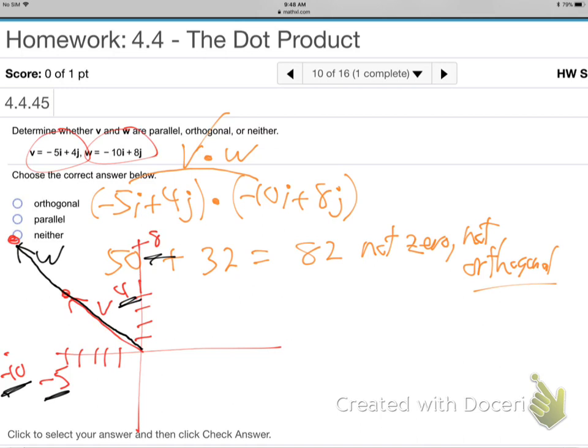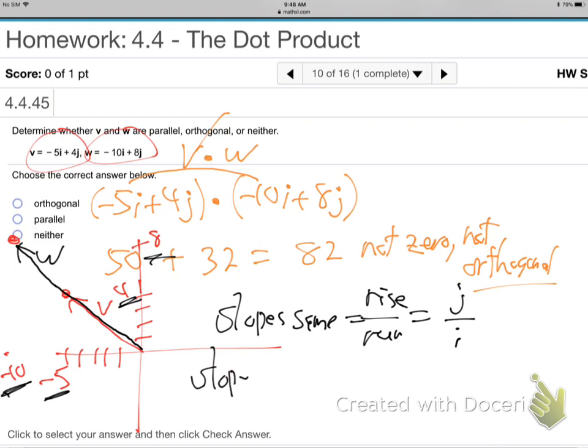Parallel means same slope. Rise over run. What's slope? Rise over run. Can I do it this way? Which is j stuff over i stuff. So what's the slope of v? The j stuff over the i stuff. 4 over negative 5.